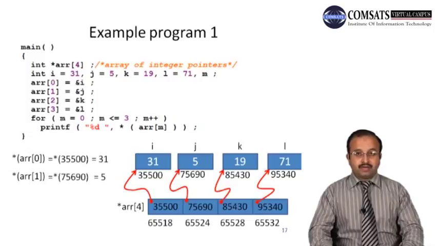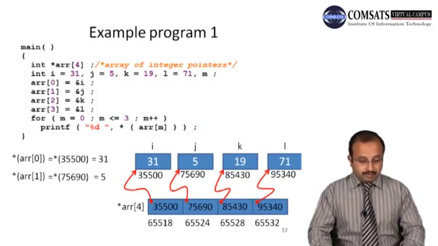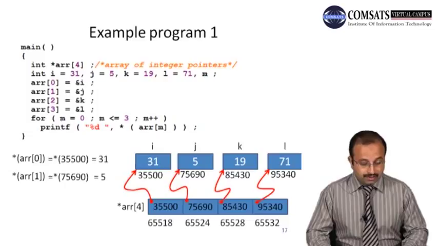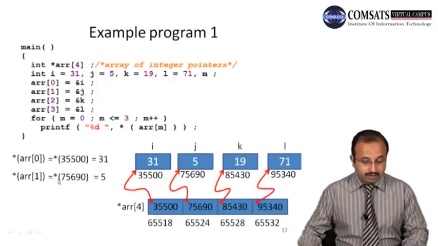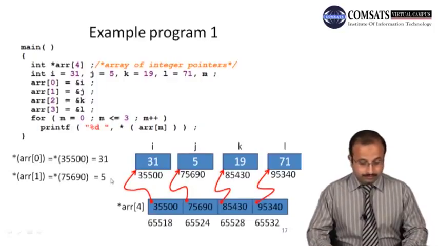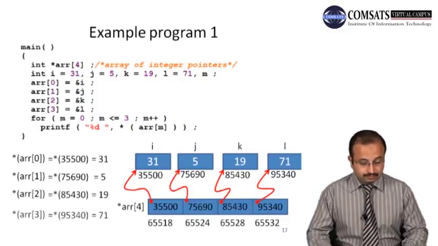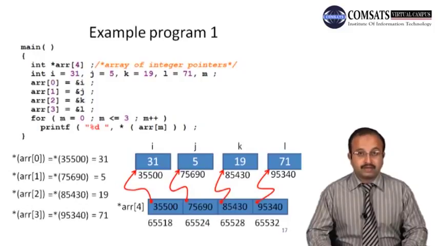Similarly, arr[1], the value contained by arr[1], the element at index 1 of the arr array, is 75690, and when you put the star with this you can read out the value at address 75690, that is the value 5. And similarly you can print all these values.